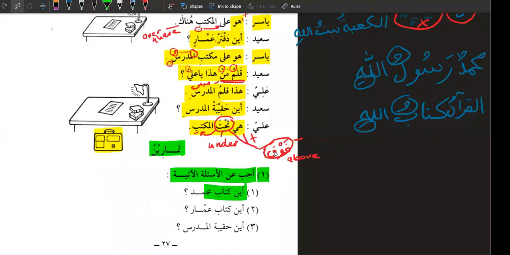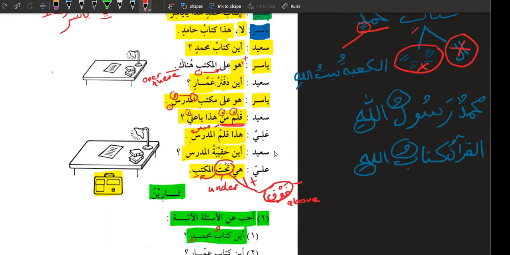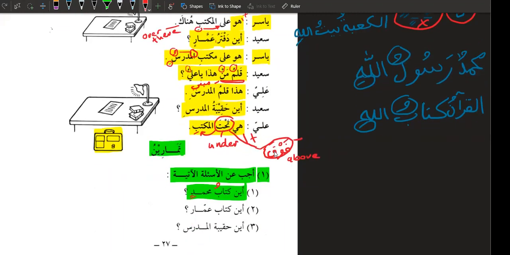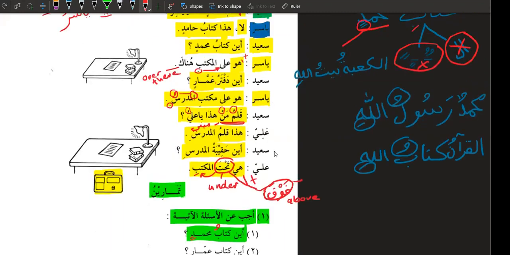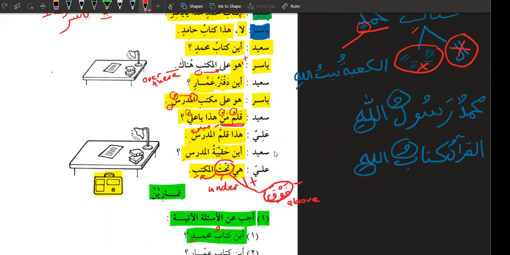التمرين الأول أين كتاب محمد؟ Where is Muhammad's book? الجواب. What's the answer? هو على الكتاب هناك. لا.